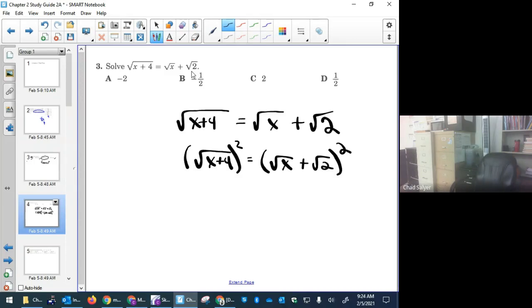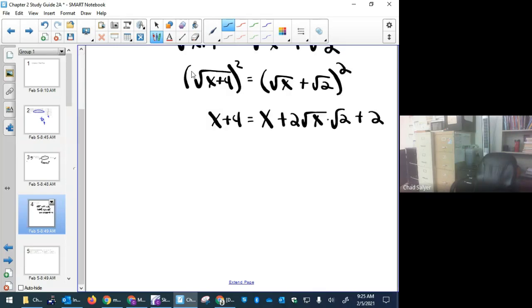Okay, so the square root of x plus 4 squared is just x plus 4. That's easy. But over here, we'll use a little shortcut. A plus b squared, well, remember that's a squared plus 2ab plus b squared. You can FOIL this out if you like, and you get the same result.